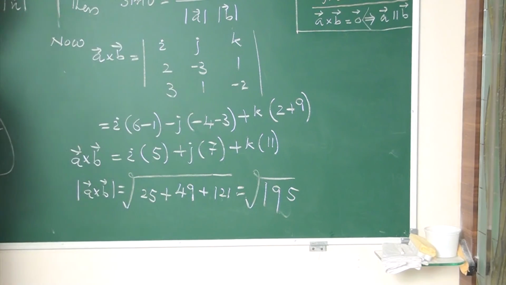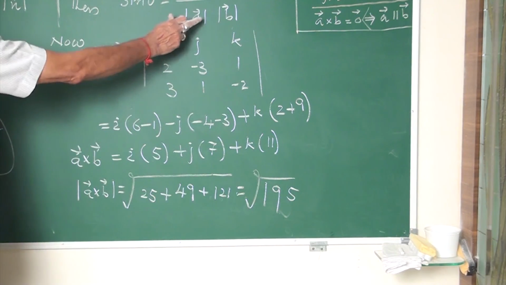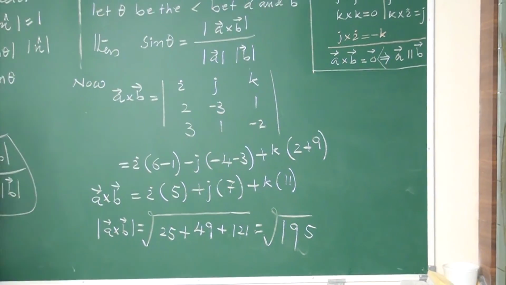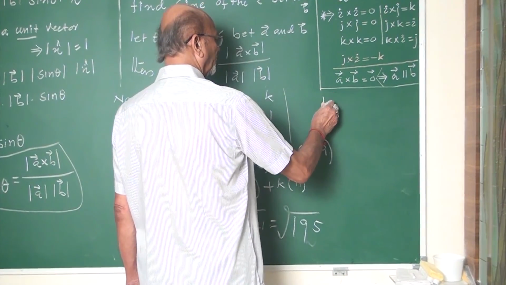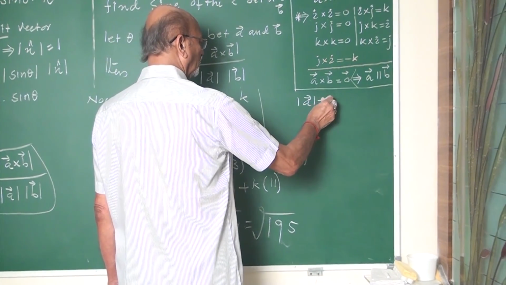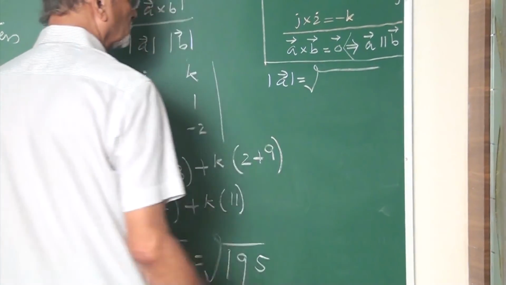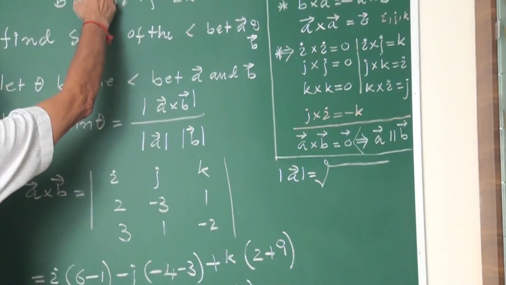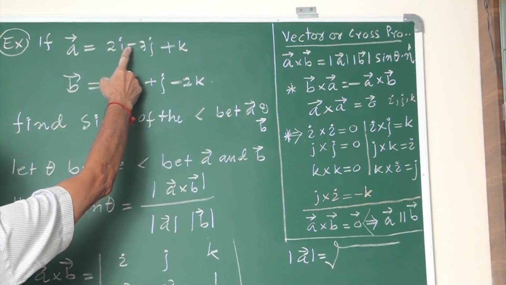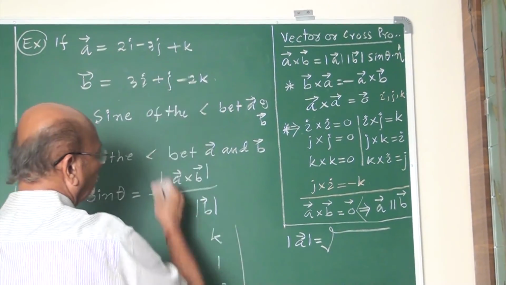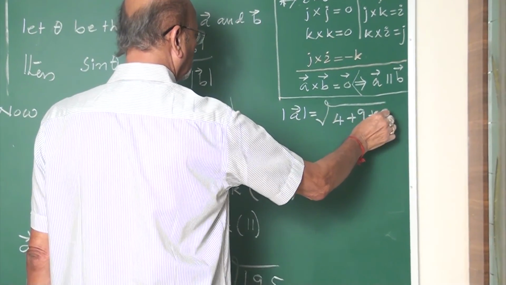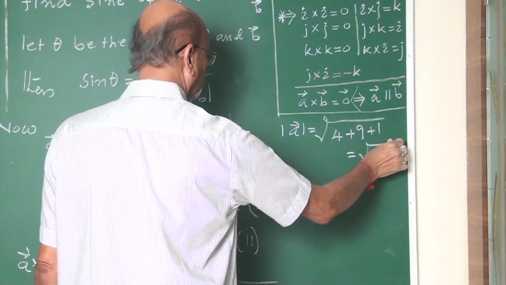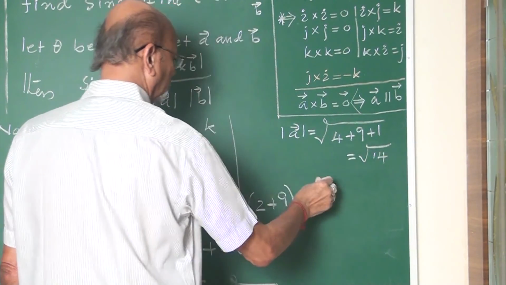And you have to find magnitude of A into magnitude of B. Magnitude of A is square root of 2 square plus minus 3 square plus 1 square, which is root 14.